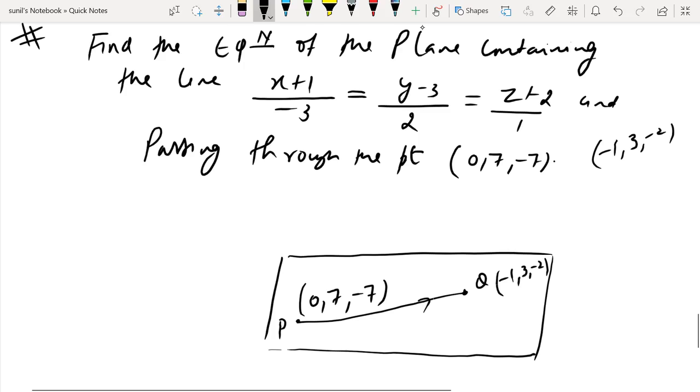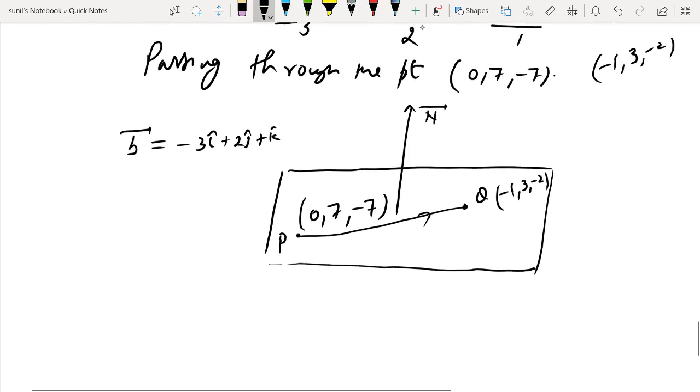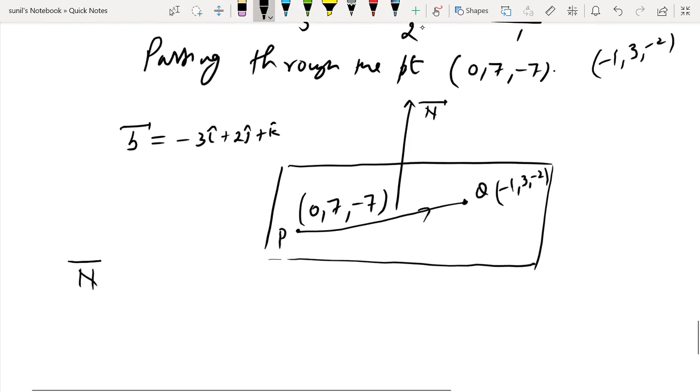Also, since the plane has to contain this line, the line is in the direction of the vector, that is b vector of the line is like this: minus 3i cap plus 2j cap plus k cap. It means my normal has to be perpendicular to both PQ and b vector. So that normal vector n, in this context I should take PQ cross b vector, then only it is possible.